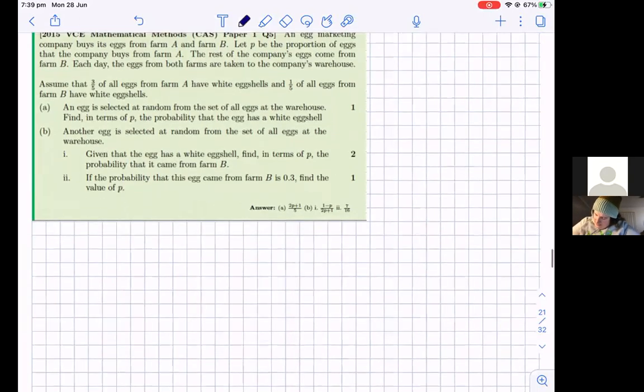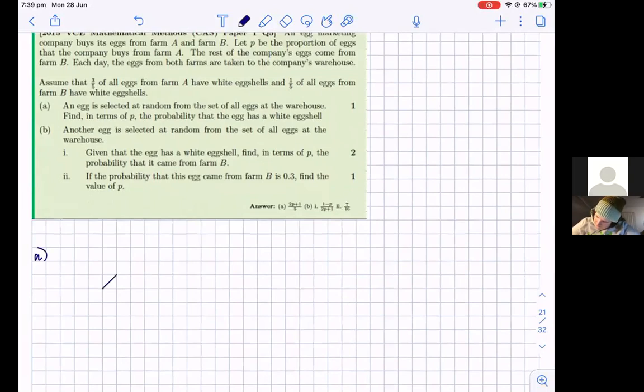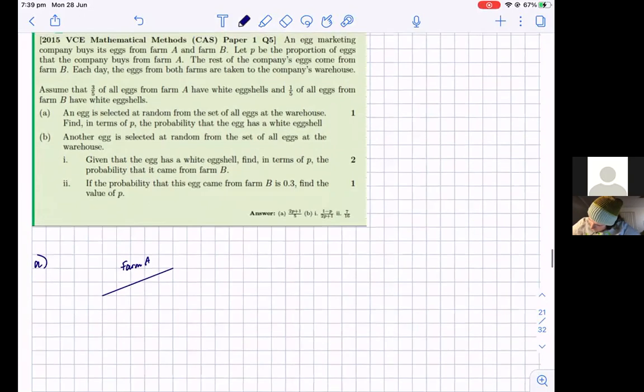Let's tree diagram this. So we could get it from farm A. The probability of getting from farm A is P. Once we've got it from farm A, it could be white, which is 3/5, or not white, which is 2/5.